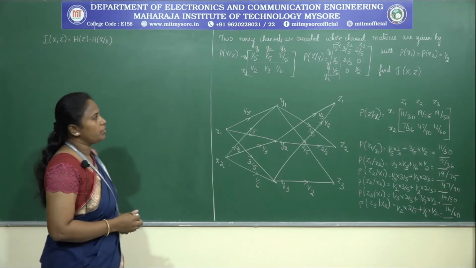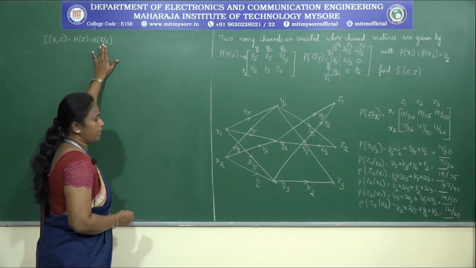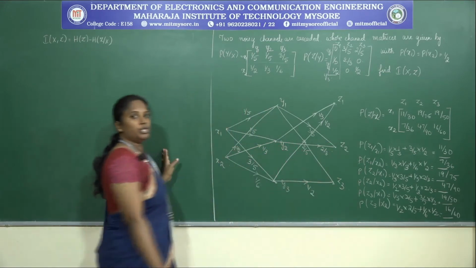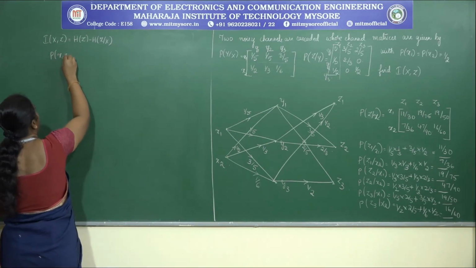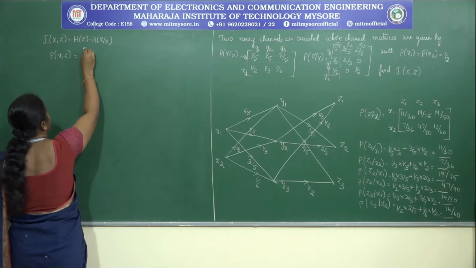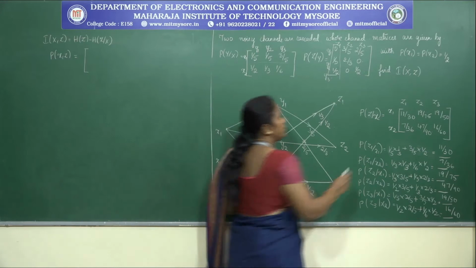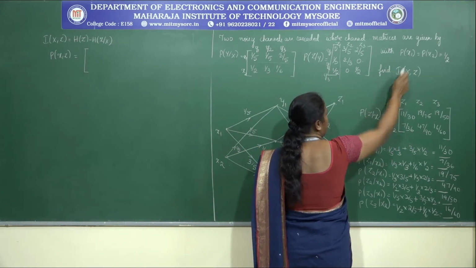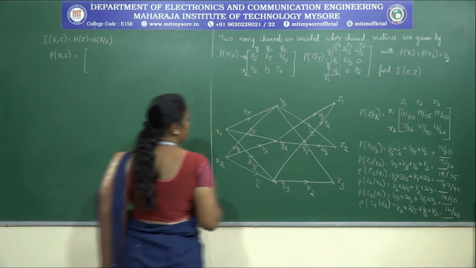So now in order to find your H of z as well as H of z by x, first we need to find the joint probability matrix, that is P of x comma z. So what we need to do? We need to multiply the first row by P of x1 and x2 values, which they have given. So multiply the first row with P of x1.